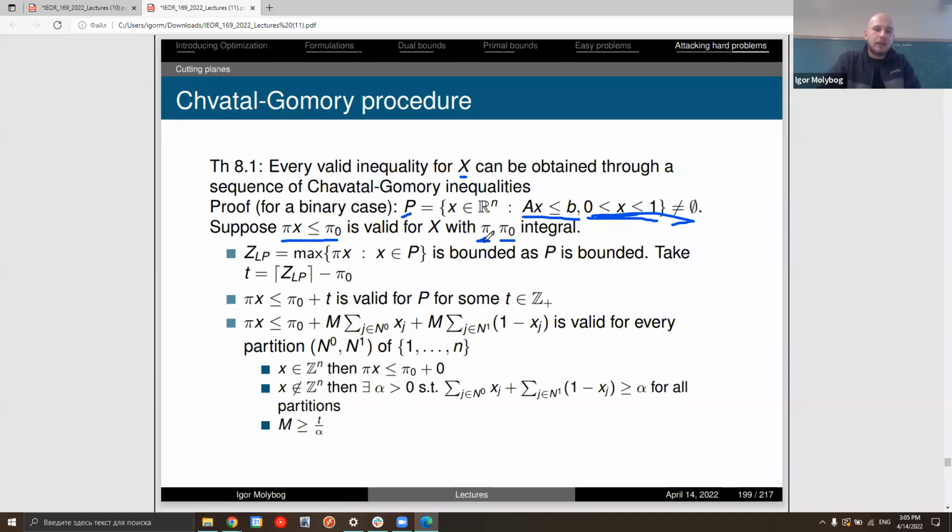It's not a problem. So it's sufficient for us to just consider pi and pi 0 being integral.